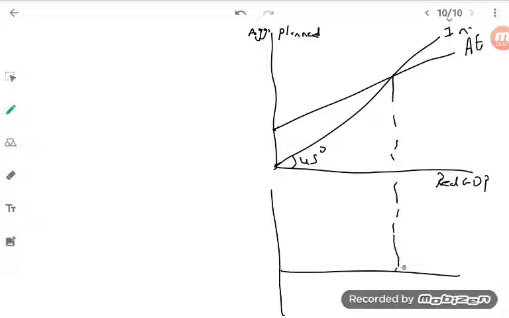With respect to the lower panel, real GDP is on the x-axis, and on the y-axis it's unplanned inventory. Okay, with respect to the first part, aggregate planned expenditure is greater than income.